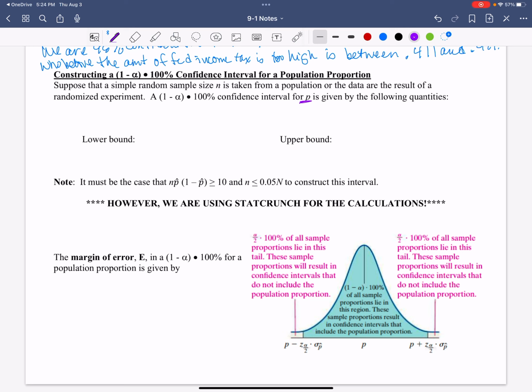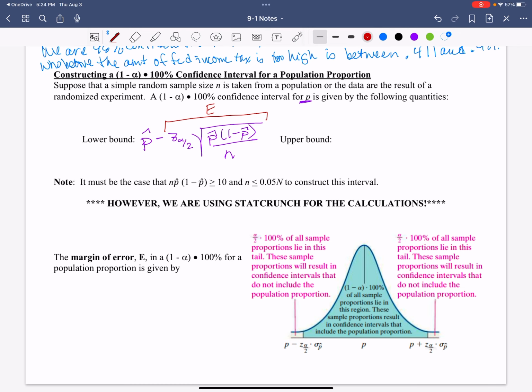So we're writing this as p hat minus this critical value, and it's given as z alpha divided by 2 times the square root of p hat times 1 minus p hat all over n. And at the upper bound, remember, we're looking at our upper and our lower bound. This is the same thing as the margin of error.